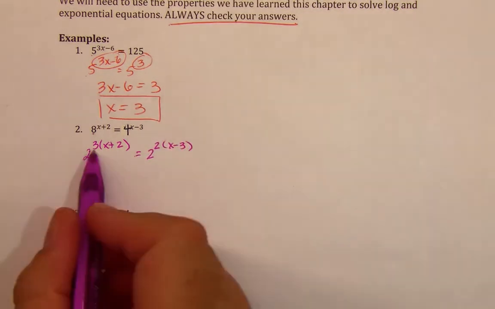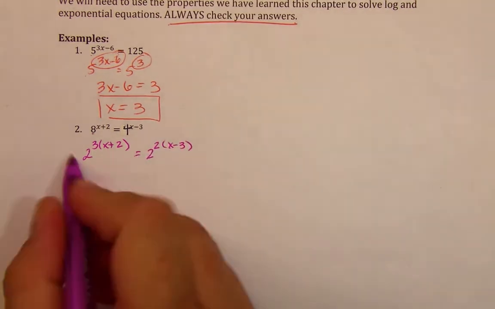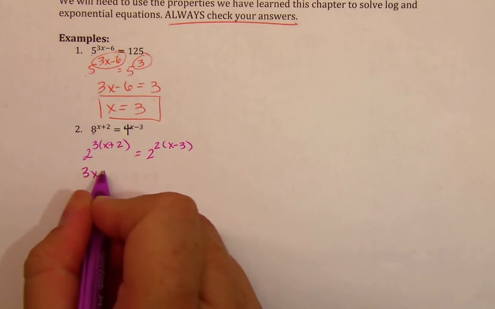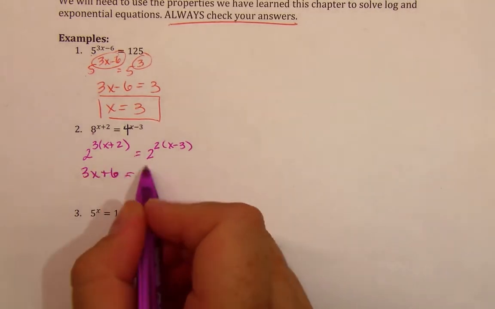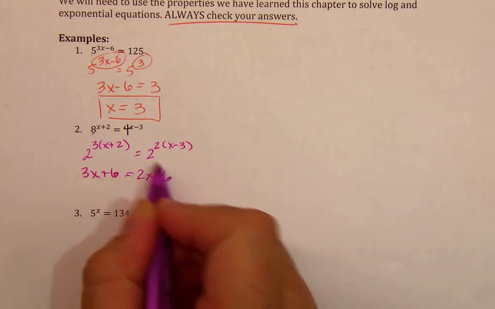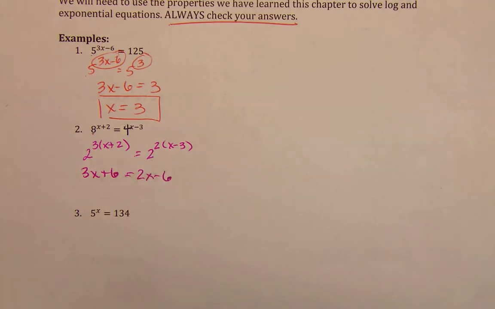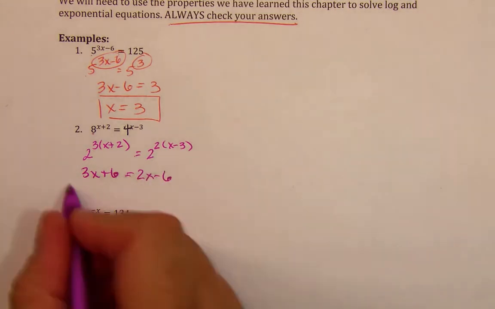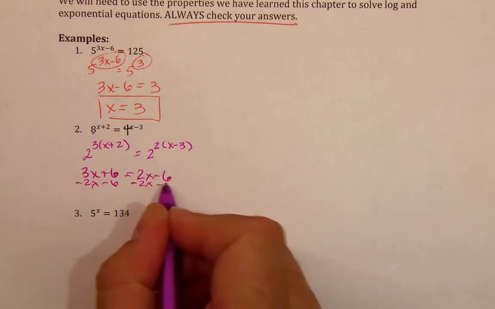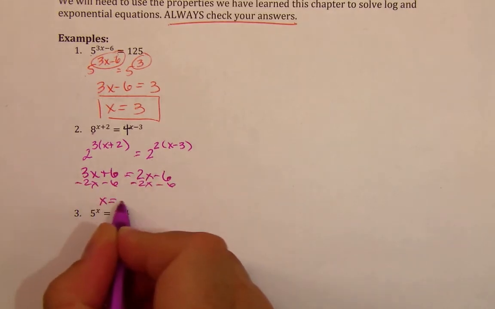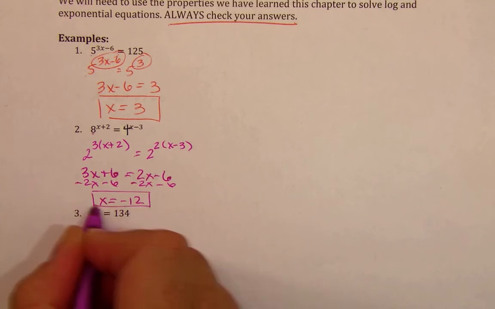And when we do that, distributing, and now we have the same bases, 3x plus 6 is what this becomes, is equal to 2x minus 6 is what that becomes. Well, when we solve that, subtracting 2x, subtracting 6, x is equal to negative 12.